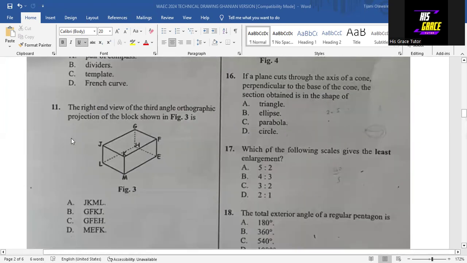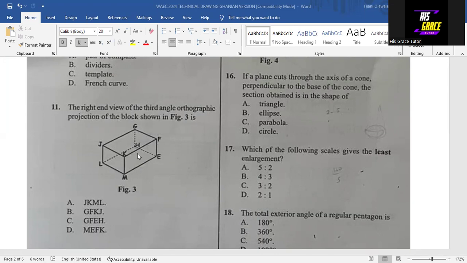Okay, then question 11. The right hand view of the third angle orthographic projection of the block shown in figure 3 is.